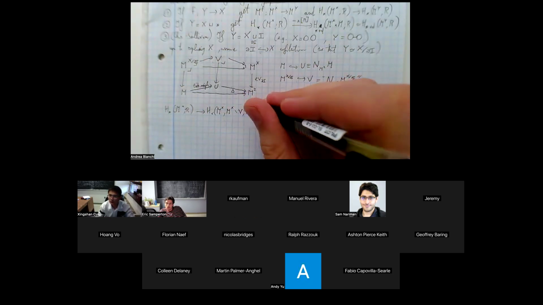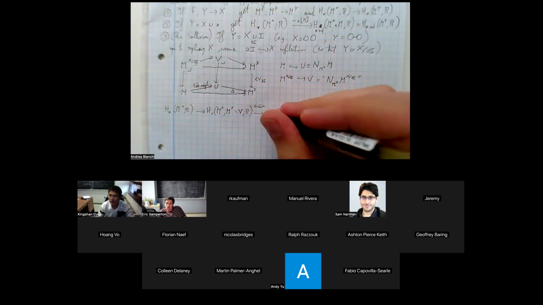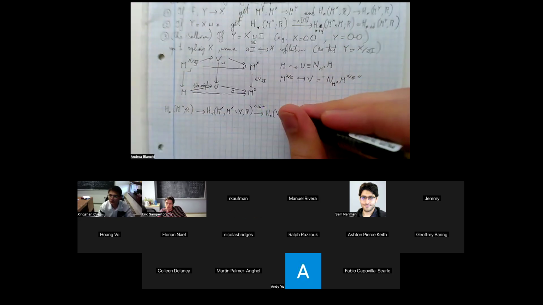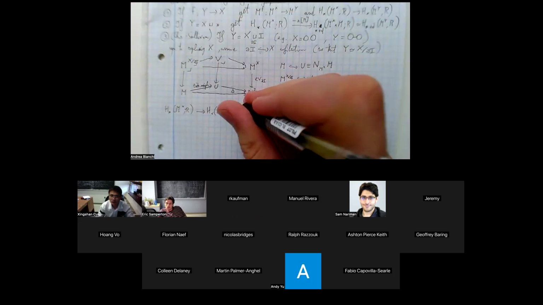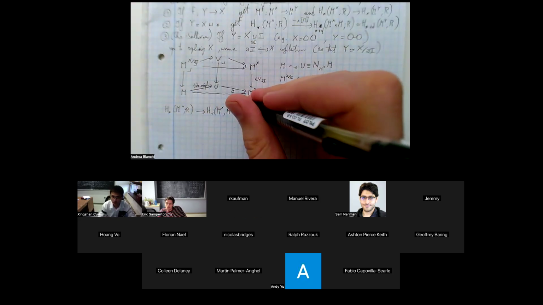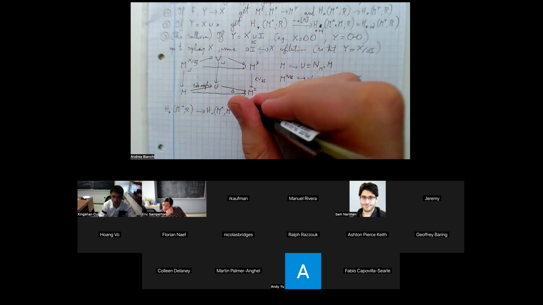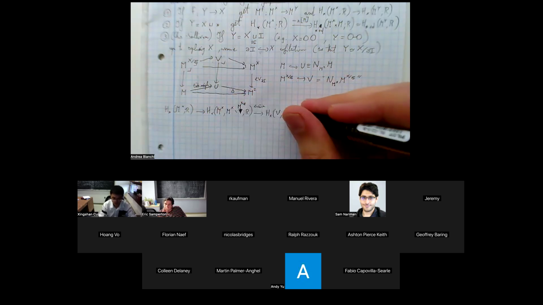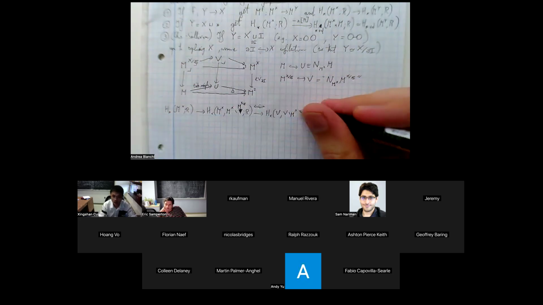From here, we use excision, and we go to the homology of V relative to V minus M to the X modulo delta I. And now I can use the Thom isomorphism.